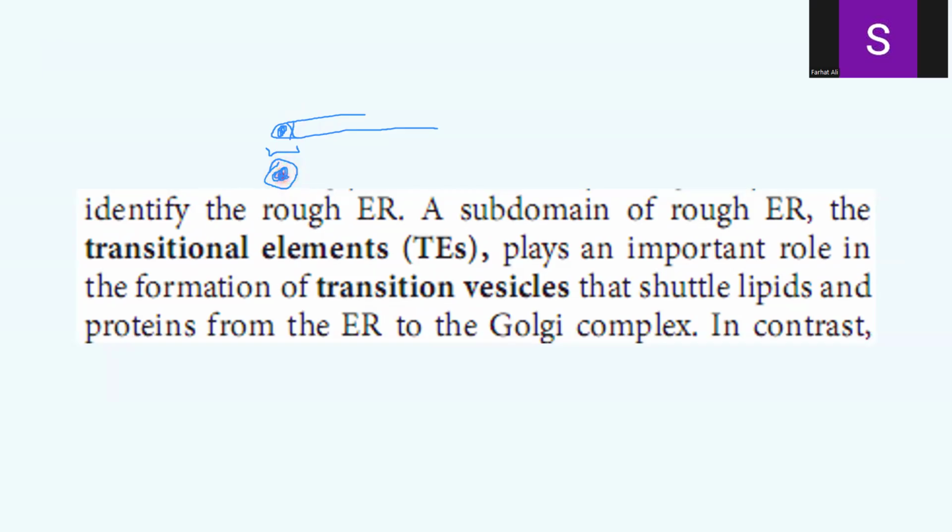All those molecules will be transported to the Golgi, and from the Golgi they will be channeled to their destination. In this manner, the vesicles bud off from the ER, and then transport the cargo molecules to the Golgi.